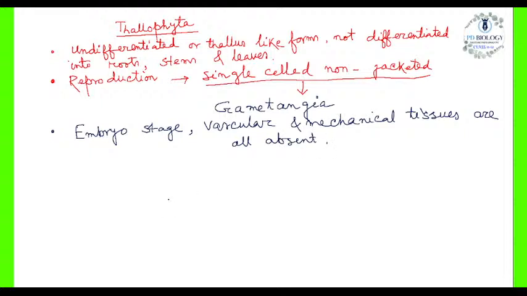So these are the prime characters of thallophytes. So directly, from thallophyte we move to algae.